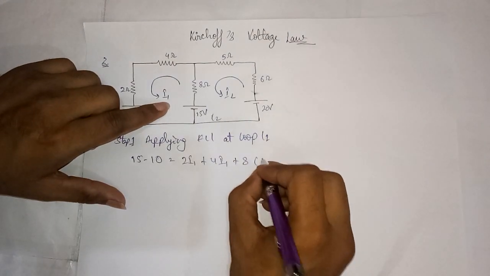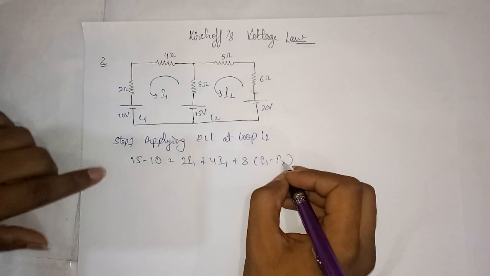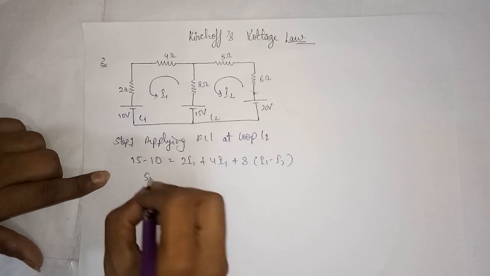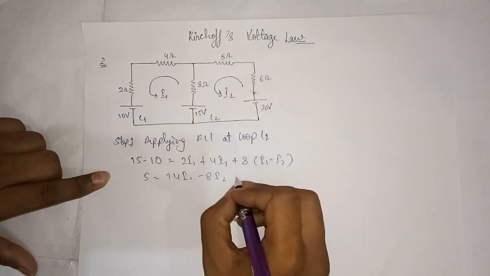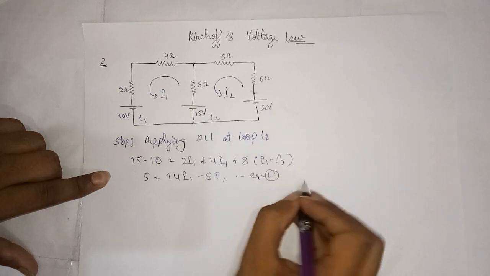That's why we will take 8(I1 minus I2), and on solving this equation we will get 5 equal to 14I1 minus 8I2, and this is our equation number 1.